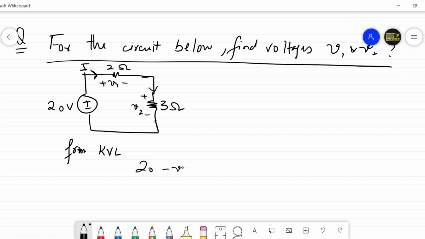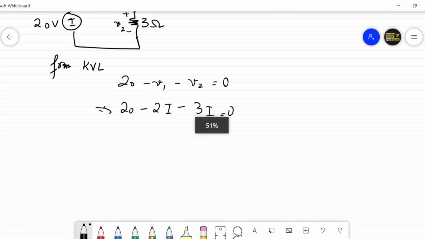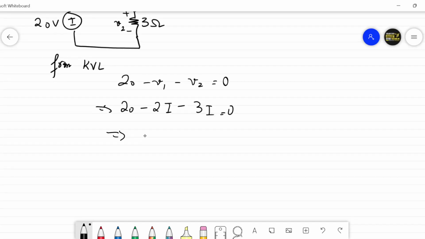So 20 volts in this case will give 20 minus V1 minus V2 equal to 0, or in other words, 20 minus 2 into I minus 3 into I is equal to 0. Here 2 is the resistance and I is the current flowing through this path. So 20 minus 5I is equal to 0, which implies I is equal to 20 by 5, that is 4 amperes.